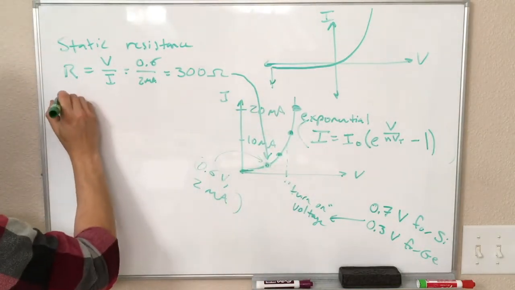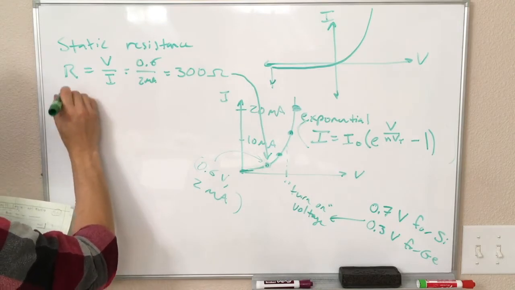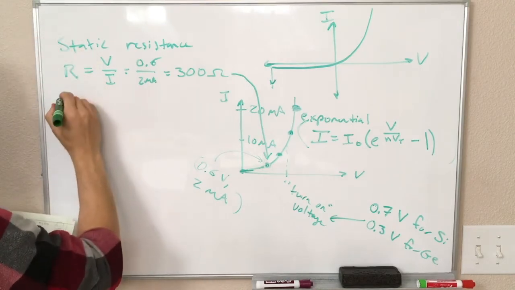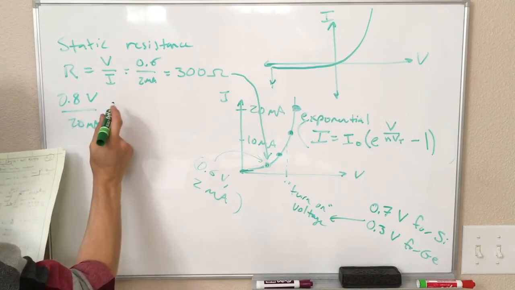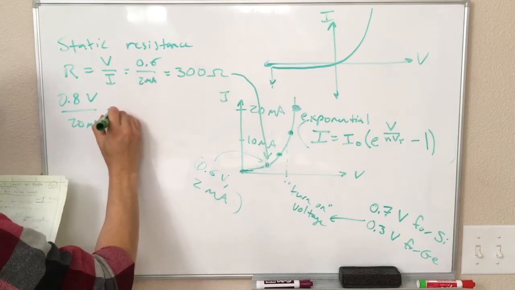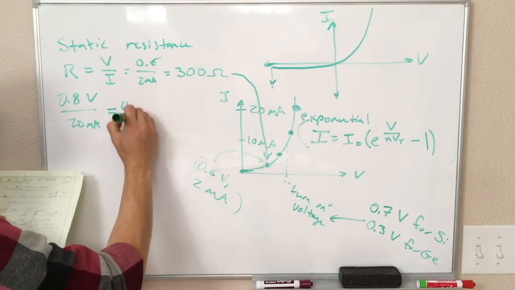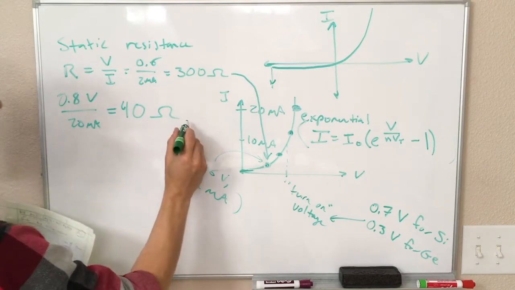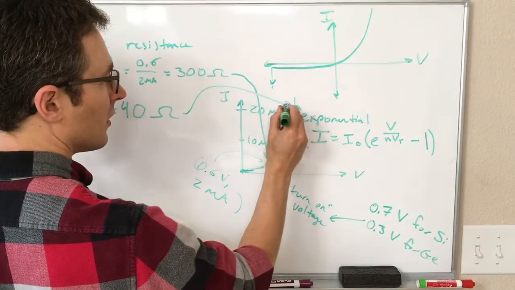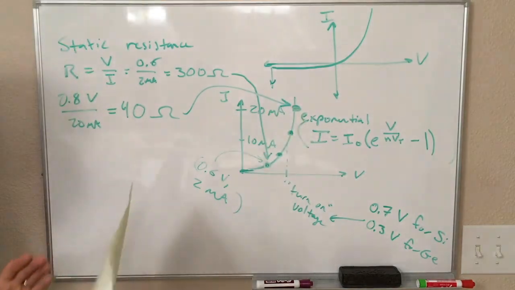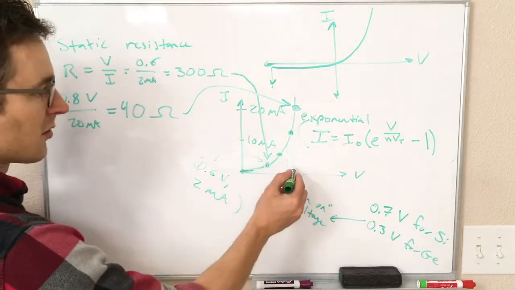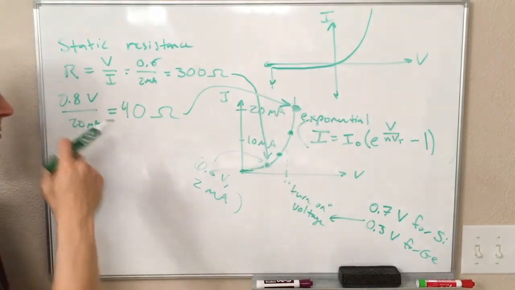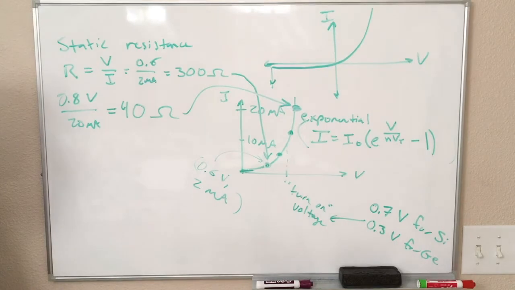What did I say? 0.8 volts and 20 milliamps is going to give us a resistance of 40 ohms. So here it's like our diode has a lower resistance because for a small increase in the voltage, we have had a much bigger increase in the current.